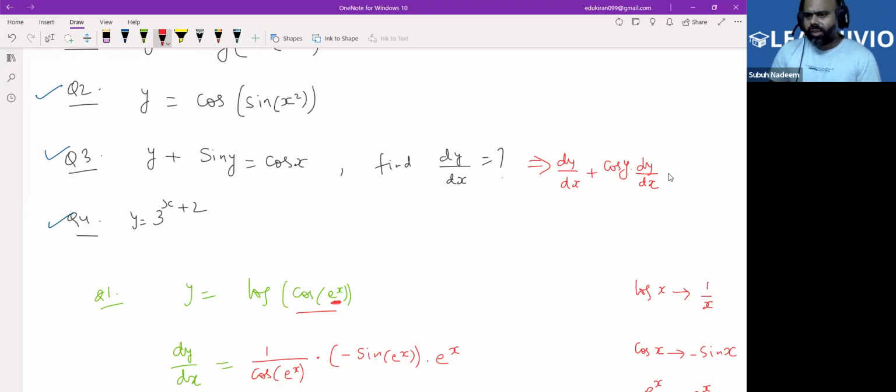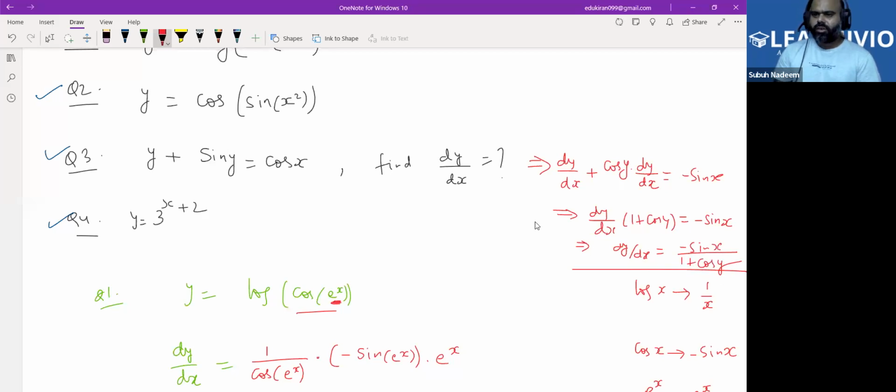And on the right side, it is minus sin x we will get. So when we take dy by dx common, it will be 1 plus cos y is equal to minus sin x. And that would give dy by dx equal to minus sin x upon 1 plus cos y. Is it clear to you also, Sharif?